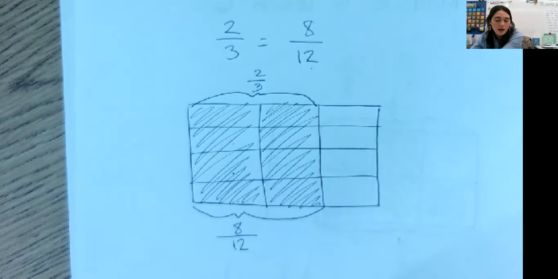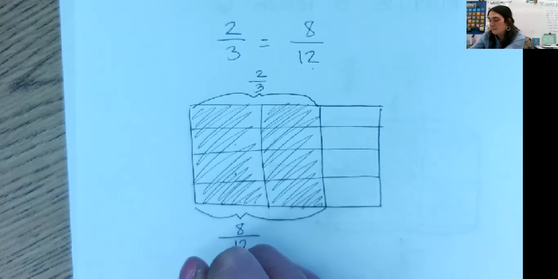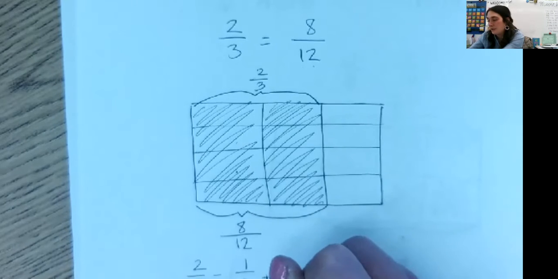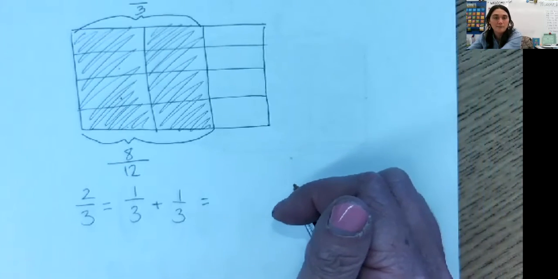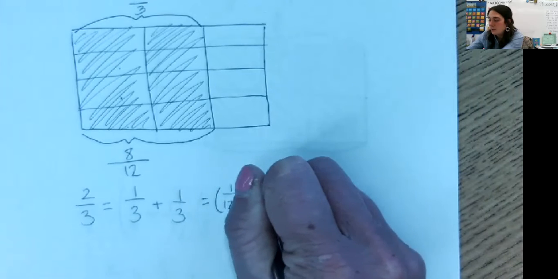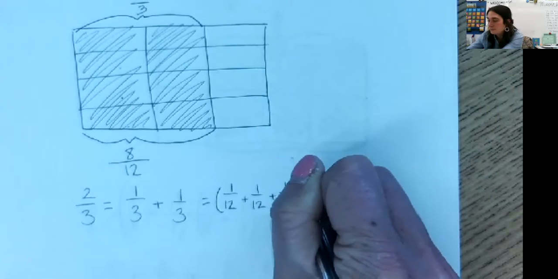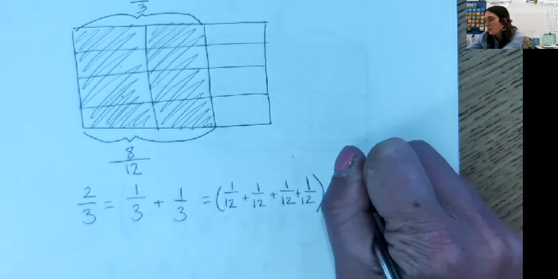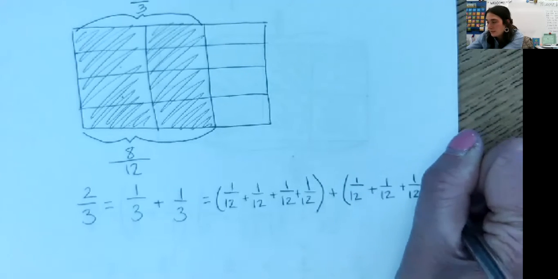So I have 8/12. I can express this so that I can show 2/3 is equal to, well, that's 1/3 plus 1/3, which is also the same thing as, sorry, you couldn't see my writing, 1/12 plus 1/12 plus 1/12 plus 1/12 plus, I'm putting some parentheses, you'll see in a moment why, 1/12 plus 1/12 plus 1/12 plus 1/12.